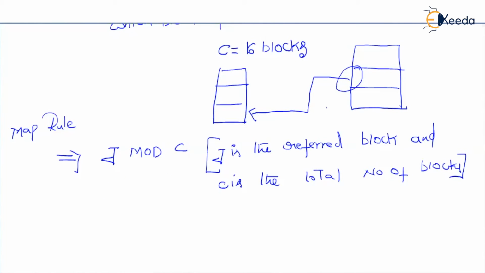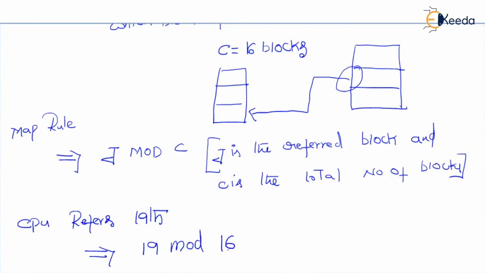Let us say the referred block in the main memory is the 19th block. CPU refers to the 19th block. Then the mapping rule will be simply 19 mod 16. What is 19 mod 16? 19 mod 16 is equal to 3.